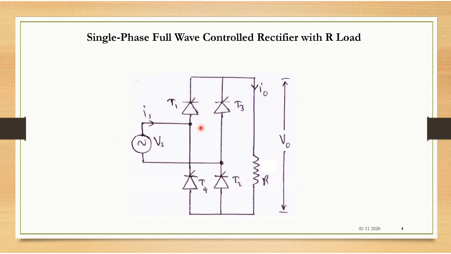In the first half cycle, T1 and T2 will be conducting, and in the next half cycle, T3 and T4 will be conducting. Similar to the full wave rectifier circuit, the diodes are now replaced with thyristors. That's why T1, T2, T3 and T4 are all thyristors, and your load is a single R type.